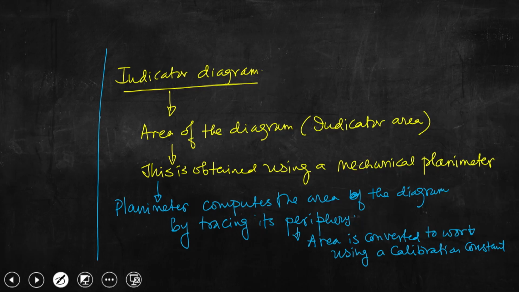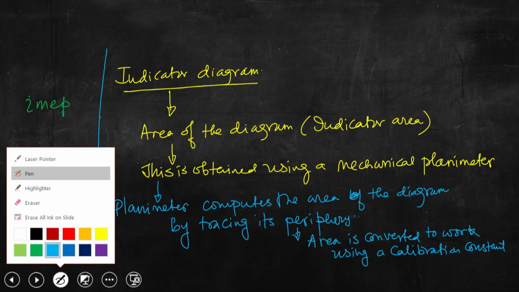So, essentially, if we write here the indicated mean effective pressure, that can be found more directly. We need to convert area into work, that is mechanical work.